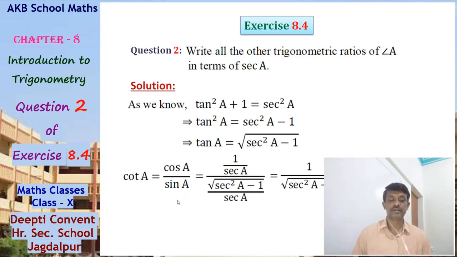Now one ratio is remaining, that is what? Cosec. Now cosec A equals 1 upon sin A. We know cosec A is the inverse of sin A. That's why this is the formula. So cosec A equals 1 upon sin A, and sin A equals what?